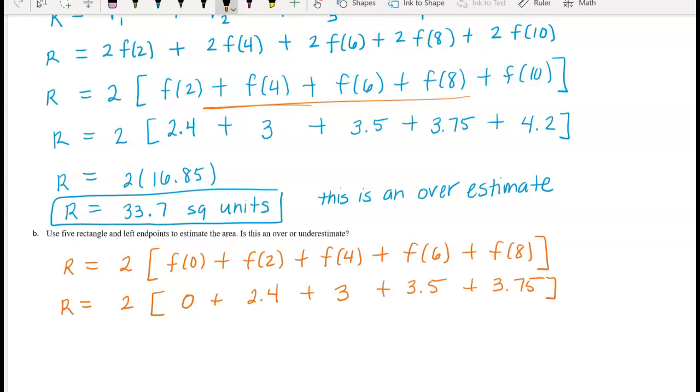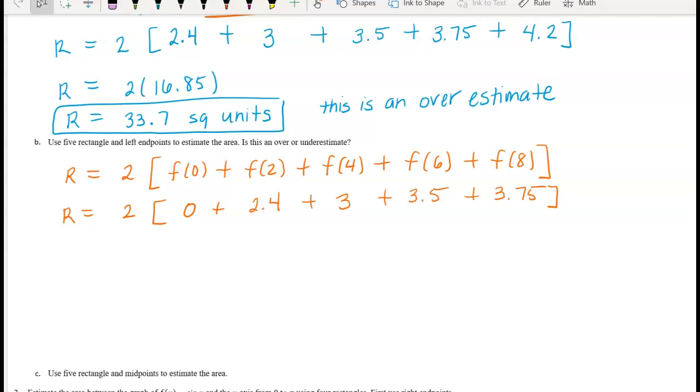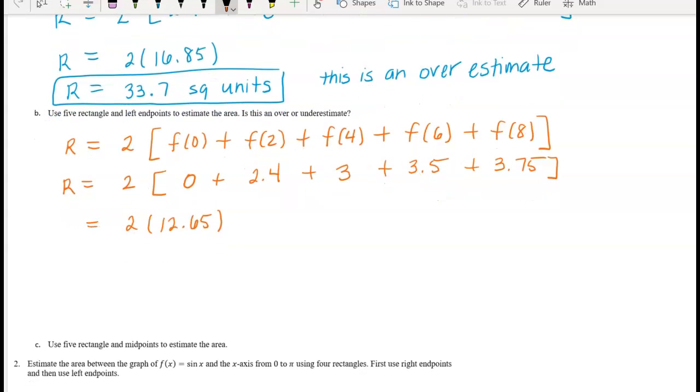All right, so let's plug that into a calculator. I'm getting 2 times 12.65, which is 25.3 square units.